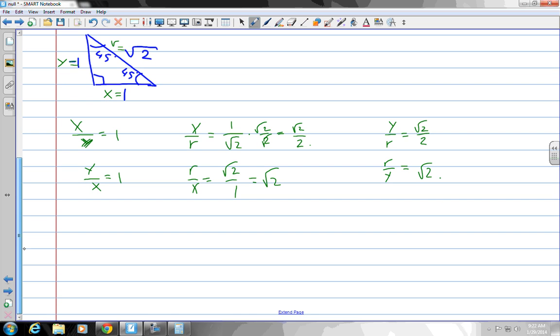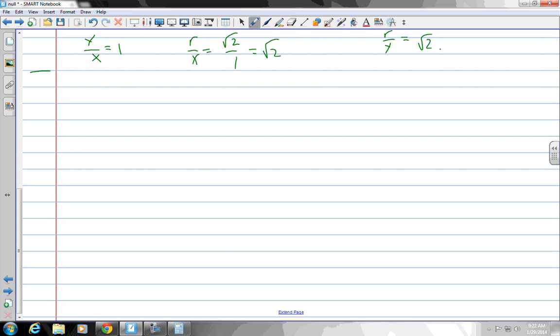So I'm going to do the same thing with another famous triangle, the 30, 60, 90 triangle. The way I'm going to construct that, I'm going to start with this triangle right here.